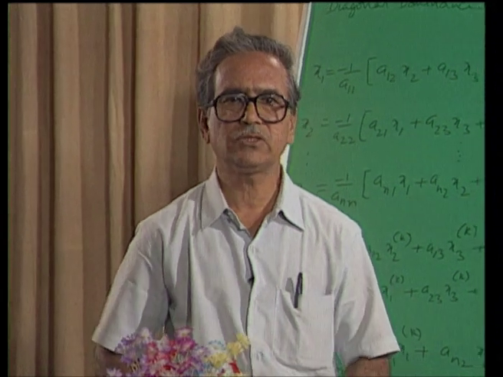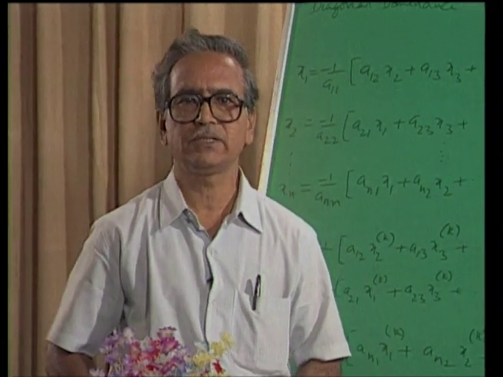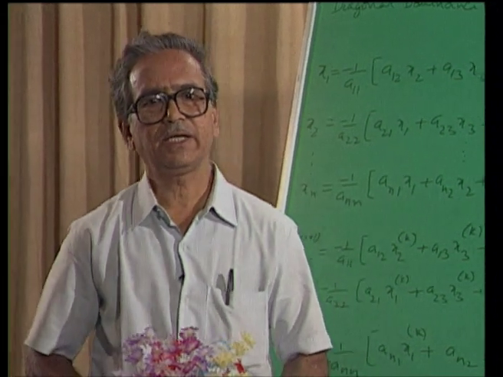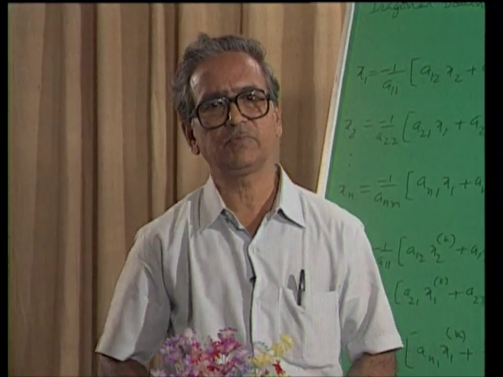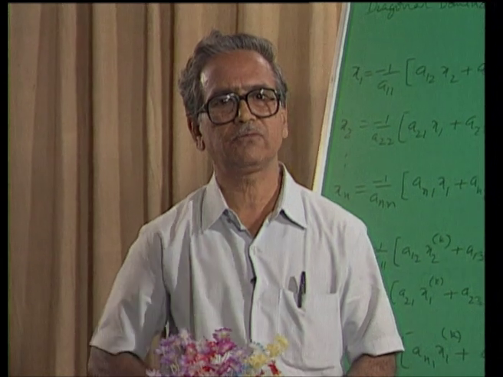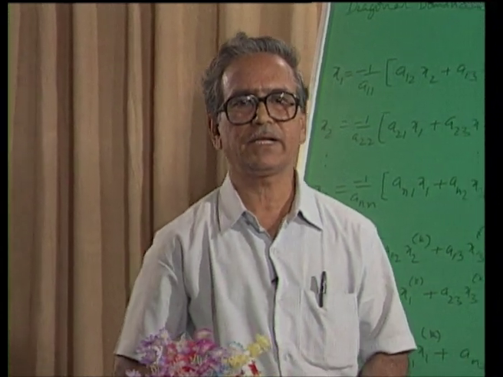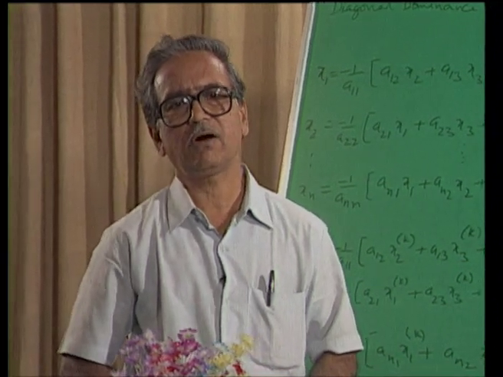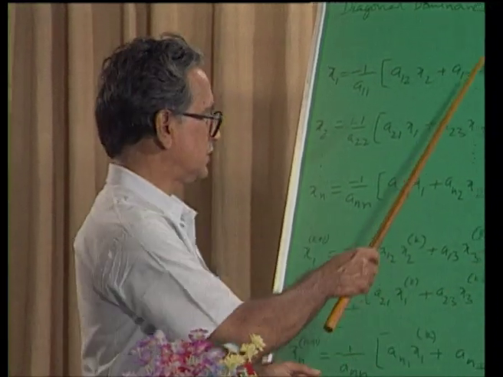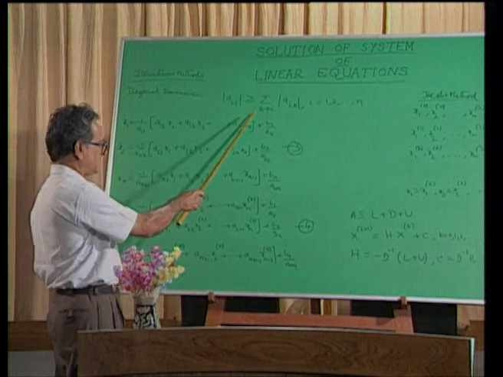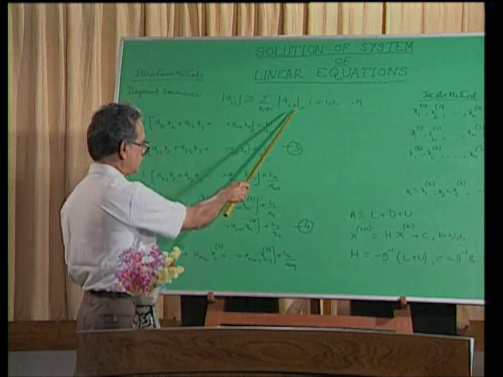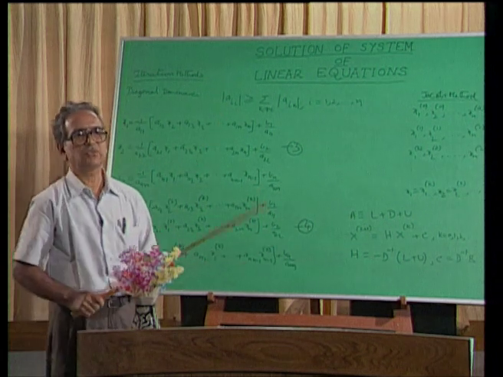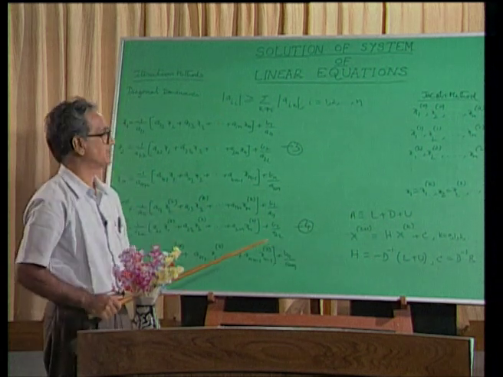A matrix is said to have diagonal dominance if in every row the numerical value of the diagonal element is greater than or equal to the sum of the numerical values of all the other elements in that row, that is, |a_ii| is greater than or equal to the sum over k not equal to i of |a_ik|, i equal to 1 to n, and this greater than sign must hold at least in one equation.